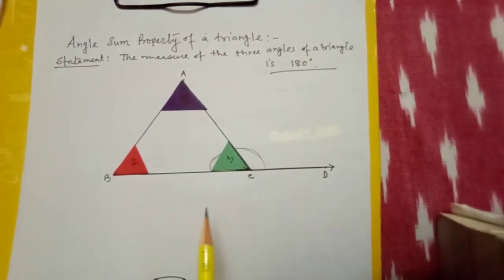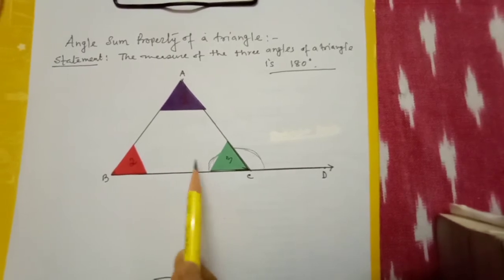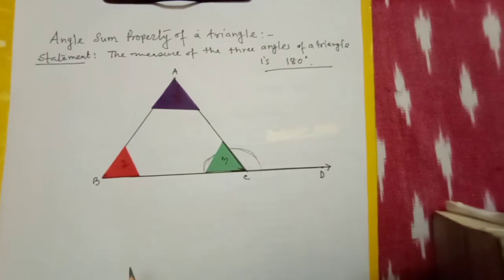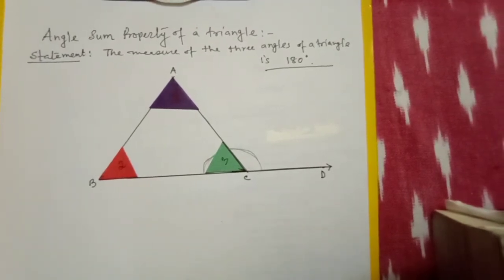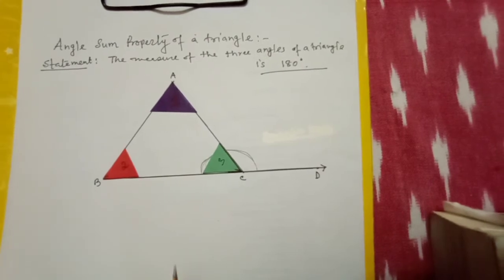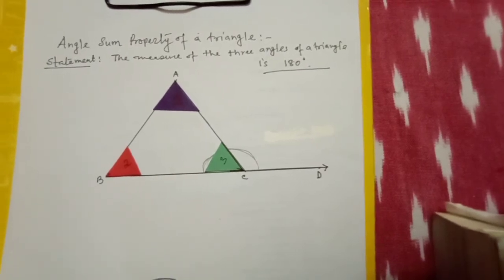Is it clear, students? If you see visually that these three angles are making 180 degrees, it will be easy for you to understand. Next, we are going to use this property in our sums.